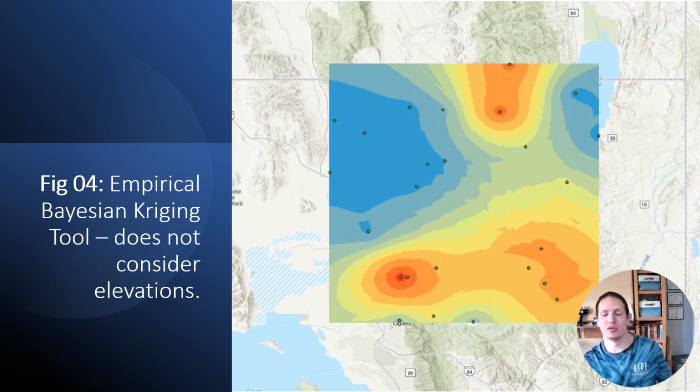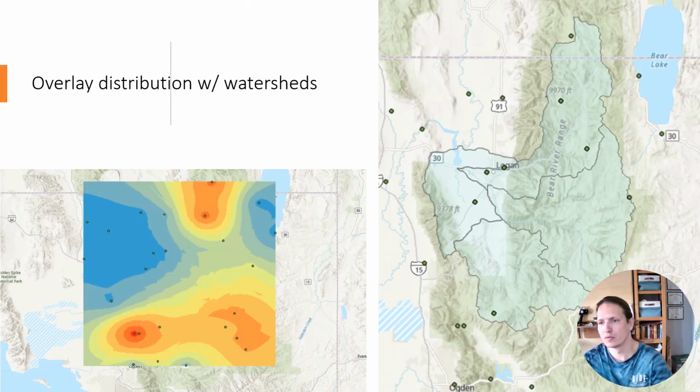If you've ever used PRISM climate data out of Oregon State University, this is kind of how they do it too. This model does not take into account elevation. There are, I think, more advanced models that do.